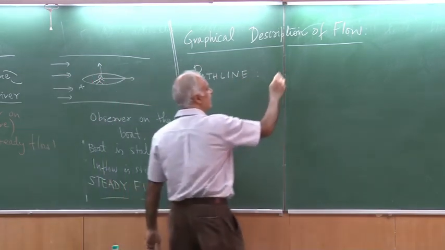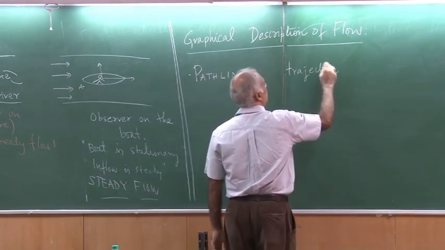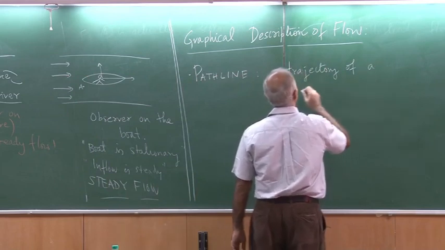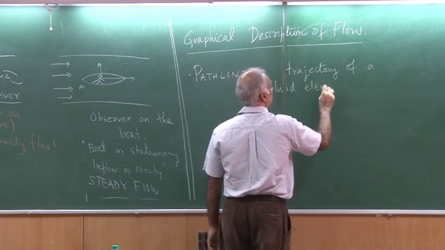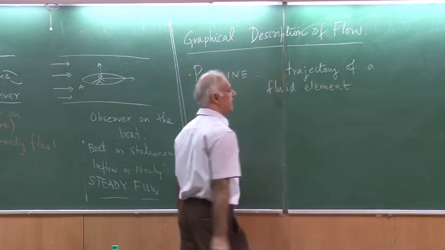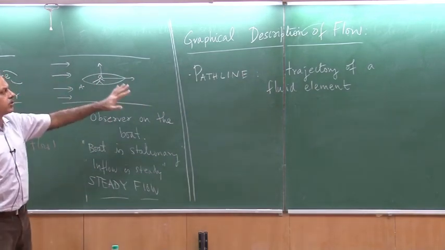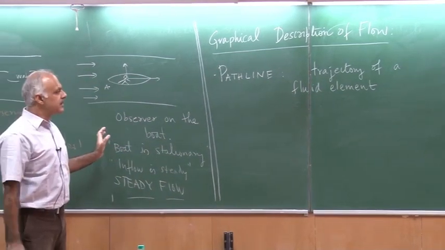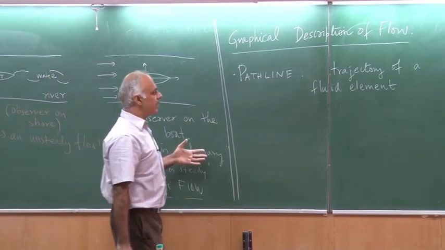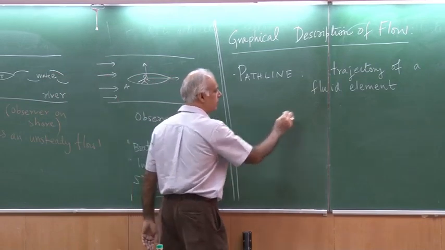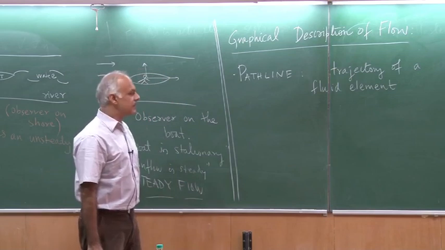So, this is essentially just a trajectory of a fluid element. So, you know, again, if I consider the blackboard as some kind of a two-dimensional plane in which there is a fluid flow, and I just follow a fluid particle, then the trajectory of it is known as a path line.